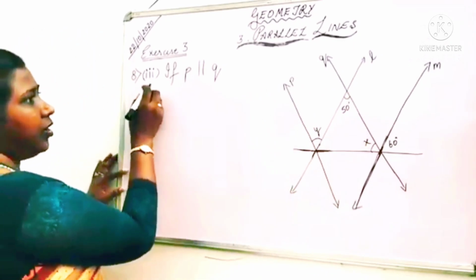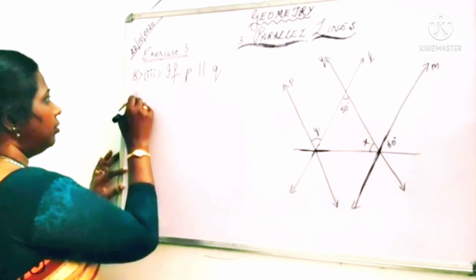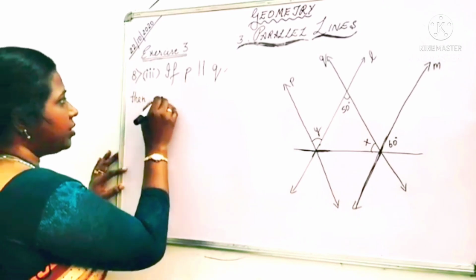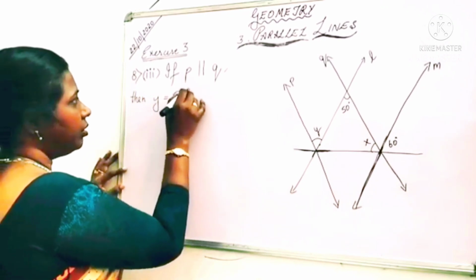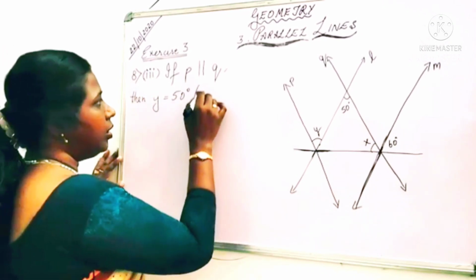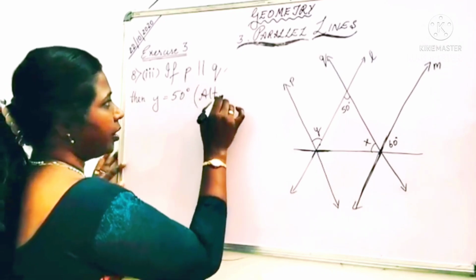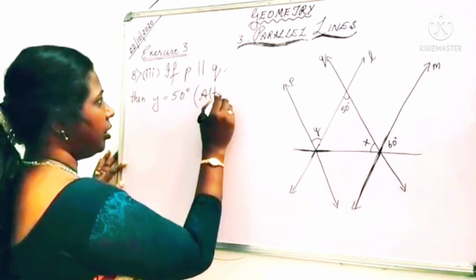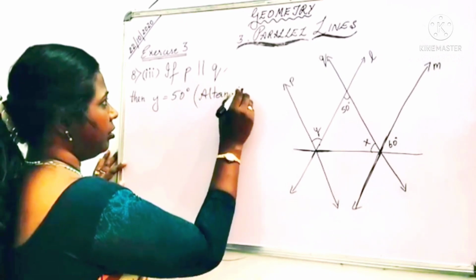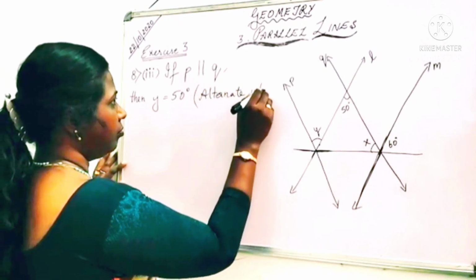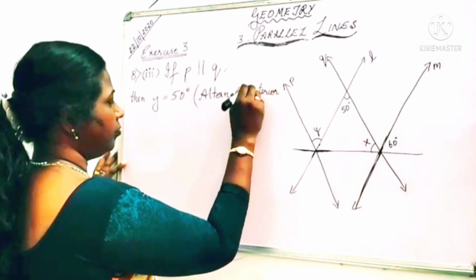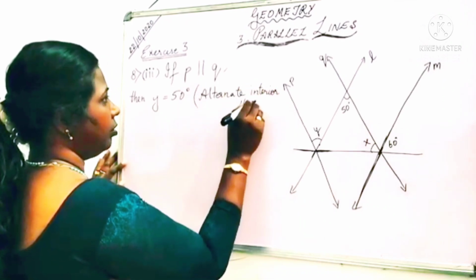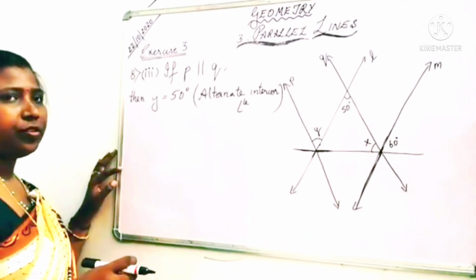So that's why we can write y is equal to 50 degree because it is alternate interior angle. You have to write the full term, alternate interior angle. Okay, is that clear students?